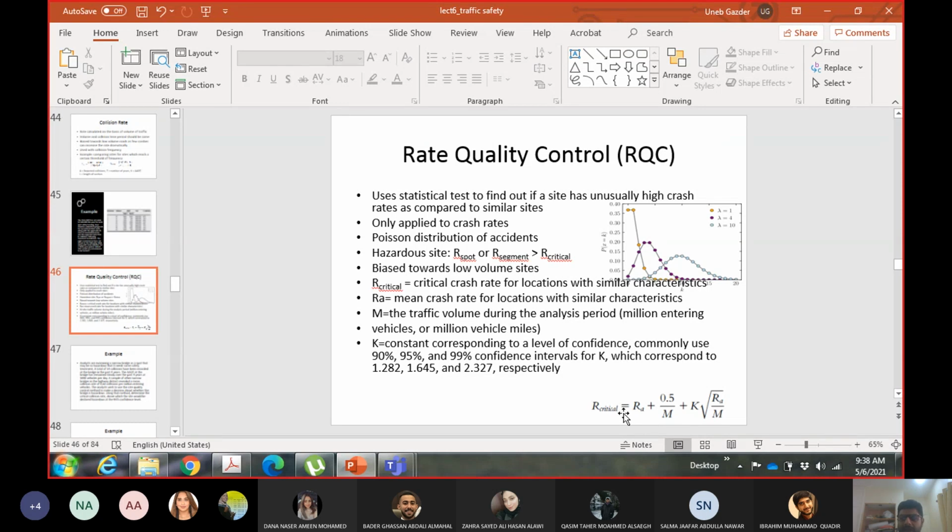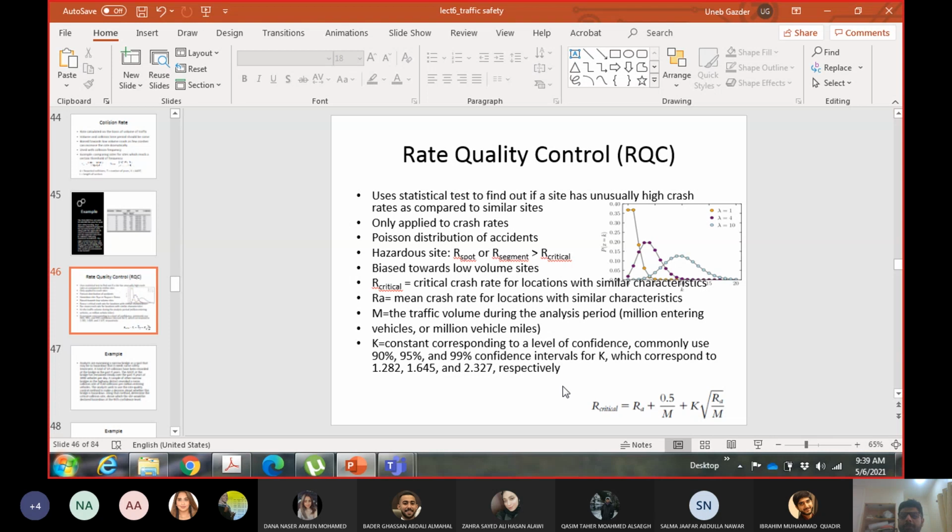RA is the mean crash rate for all similar sites. M is the volume, either in million entering vehicles if it is an intersection, or million entering vehicle miles if it is a segment. And K is a constant. It depends upon the confidence interval, how much confidence you want to have in your data.